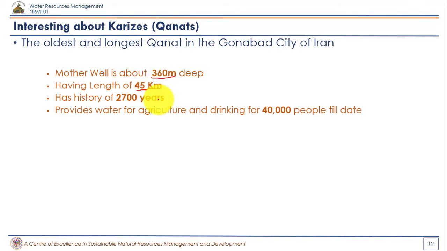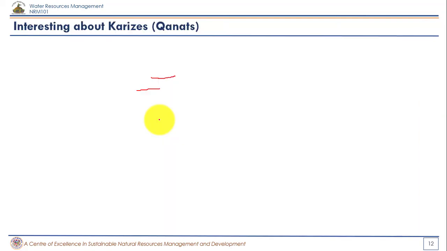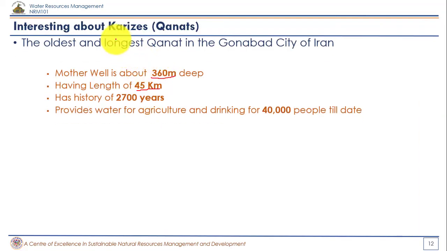Then the length of the Qanat main tunnel is about 45. The Qanat system is also known by the local name Karizes. Karizes and Qanats are basically synonyms, so do not get confused.